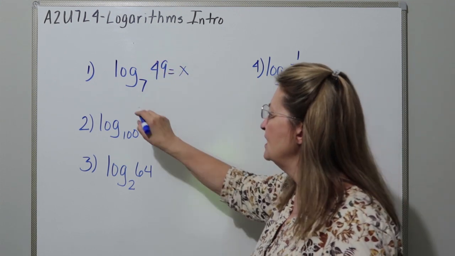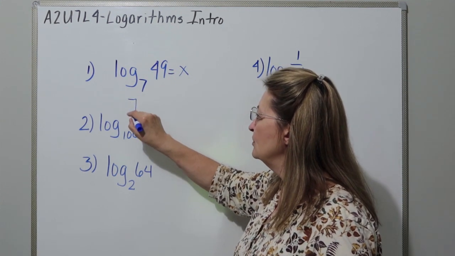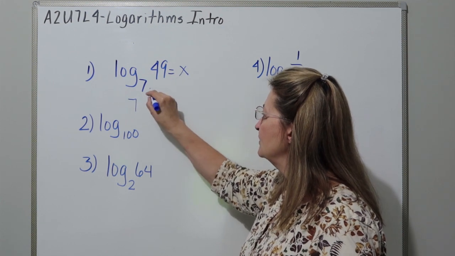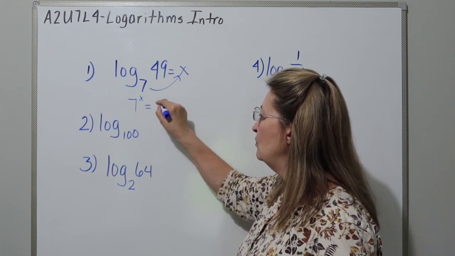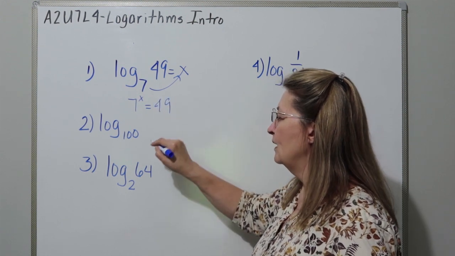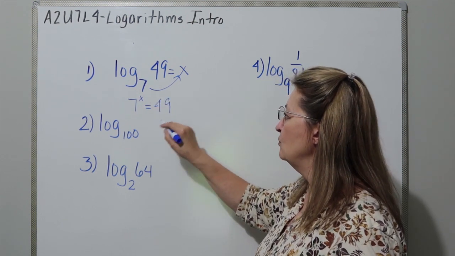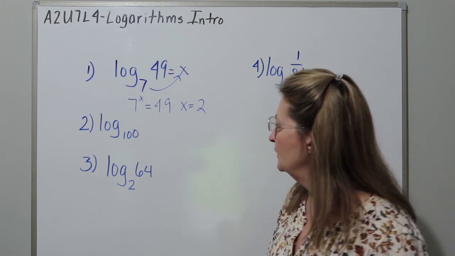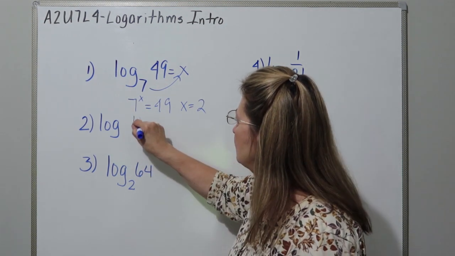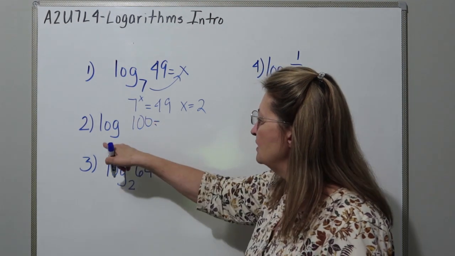If I convert it to exponential, it's going to look like 7. It's going to come over here. This is my base. To the x power equals 49. So what power of 7 would be 49? X is equal to 2. Alright, this says log of 100.